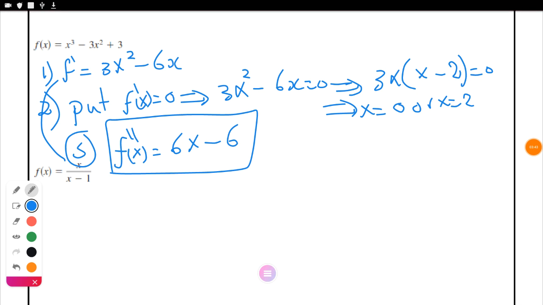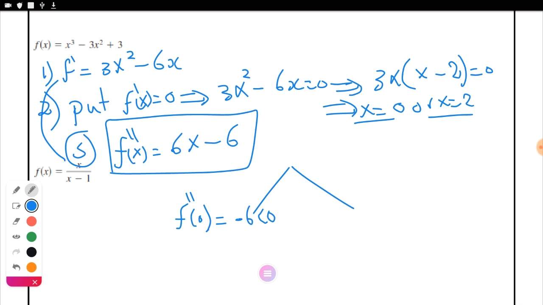Now we would like to know at these critical numbers which one is a relative minimum, which one is a relative maximum, or maybe both. I check by using the second derivative. Look here, I replace x by 0. The second derivative at 0 will be negative 6, less than 0.